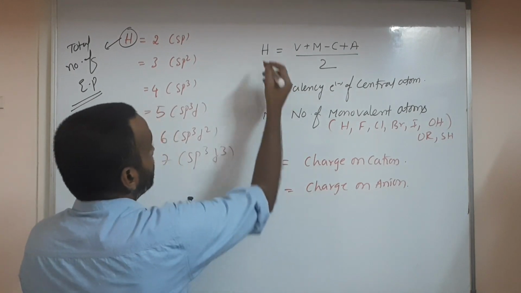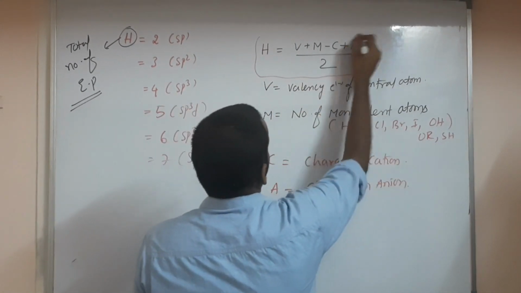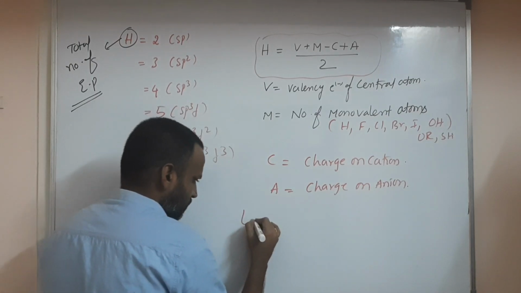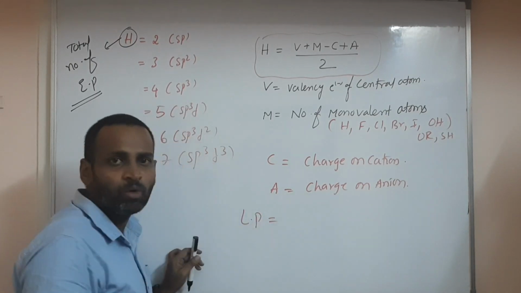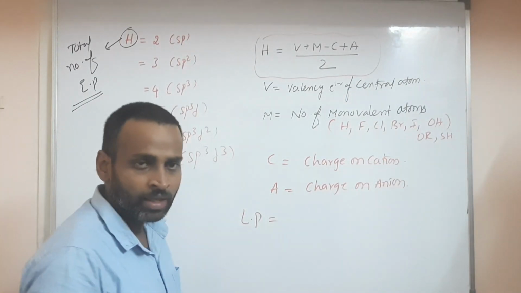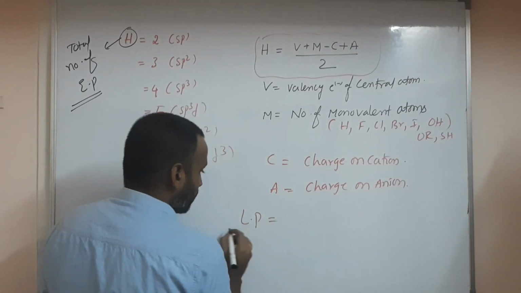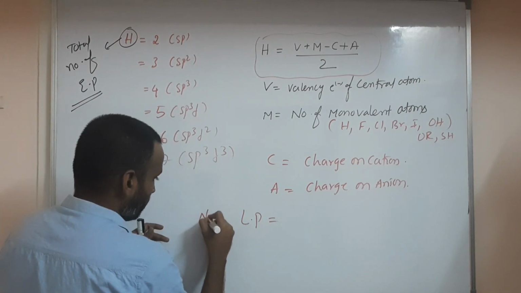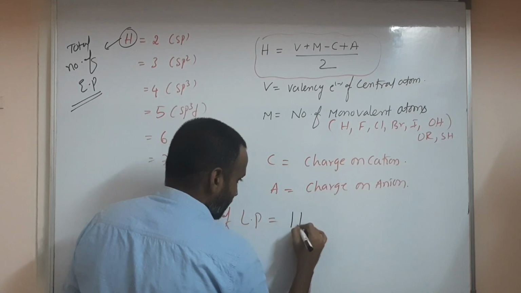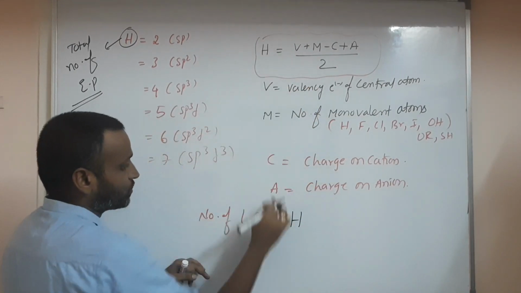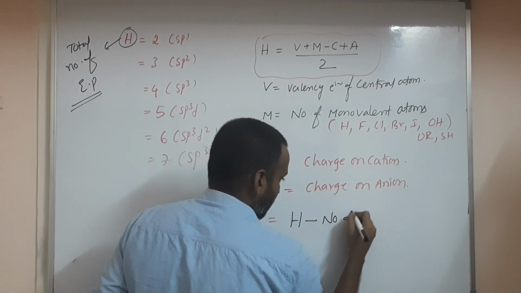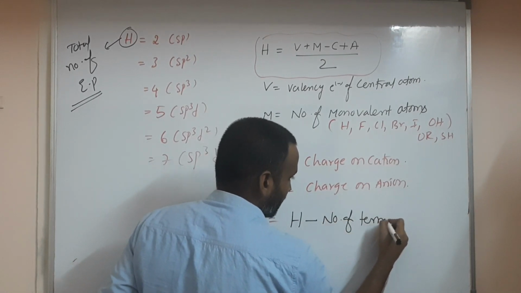Along with this you need one more formula, because to understand the shape and bond angle you must know the number of lone pairs. So how to get the number of lone pairs? Number of lone pairs is equal to hybridization H minus the number of terminal atoms.